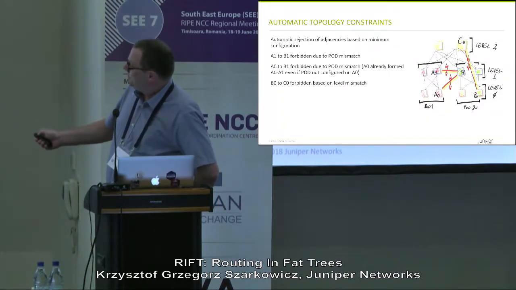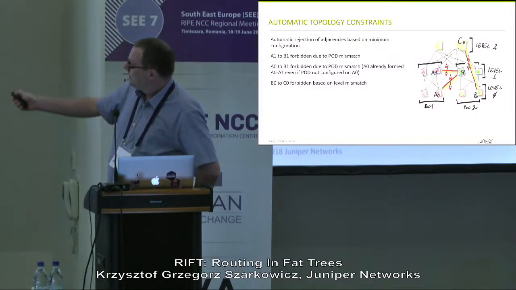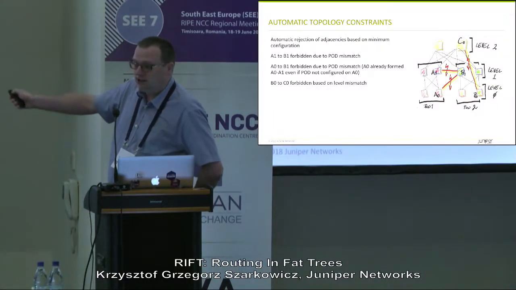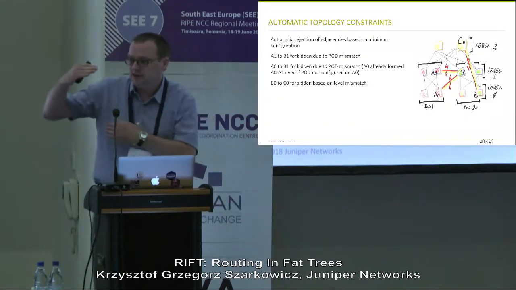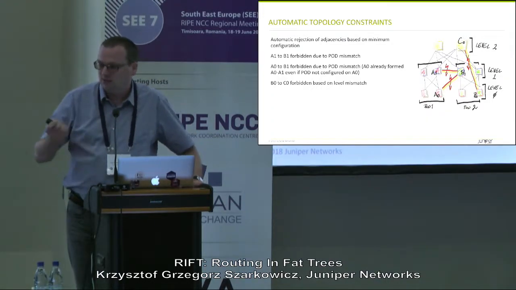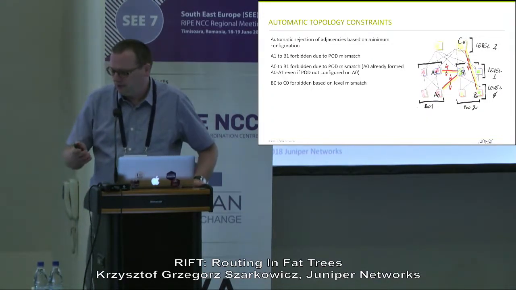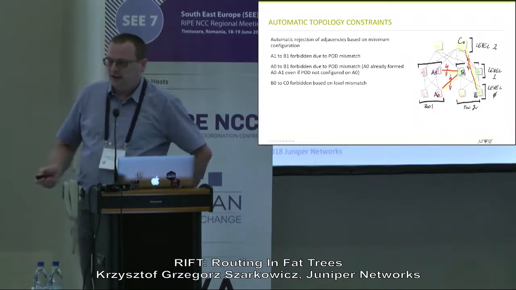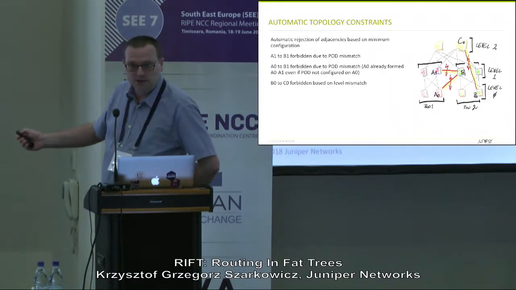Then we don't allow communication between levels that differ by more than one. So here is a cable from level 0 to level 2. These guys will start to run these hellos, these TIEs, and they will discover that the difference in the levels is more than one. They say this is not allowed, so adjacency will not be built, and some SNMP trap or whatever error will be fired, an alarm that something is miscabled.